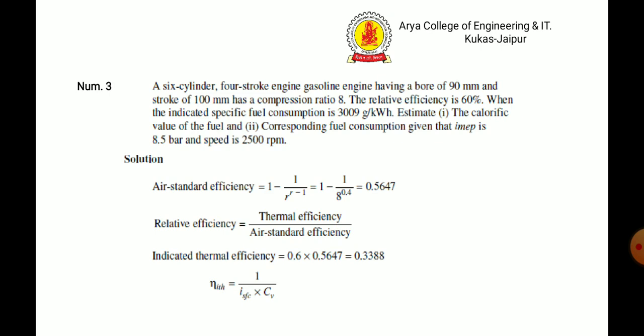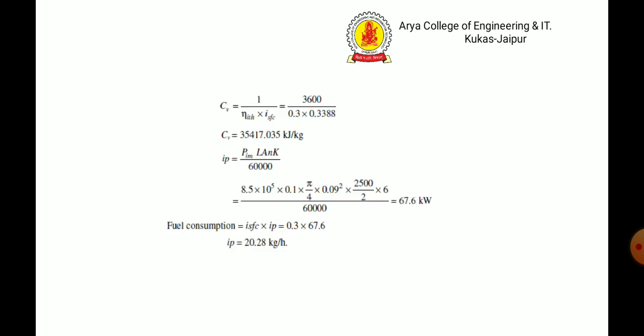Now with the expression of indicated thermal efficiency, we can find the value of calorific value of fuel, that is CV, and that equals 35,417 kilojoule per kg. Now putting this value in the main expression, that is indicated power, which is equal to PLANK upon 60,000.